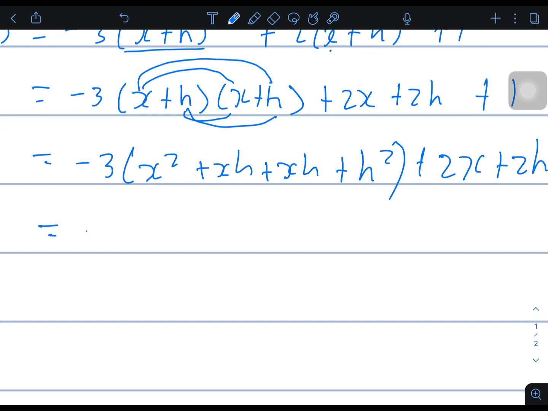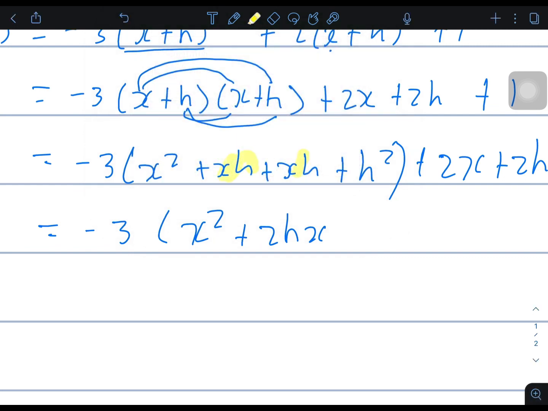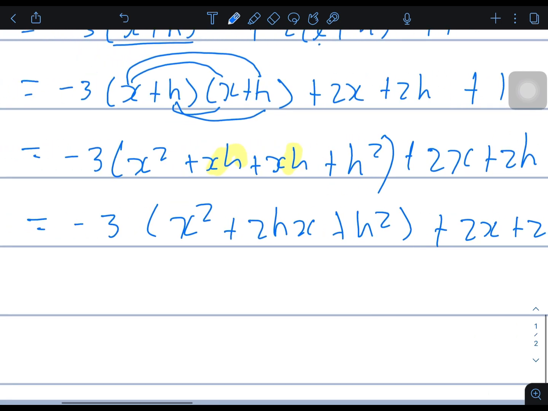So basically, inside the bracket I will have x squared plus 2hx. Remember, these two are like terms, plus h squared, and plus 2x plus 2h plus 1. Then we can multiply the negative 3.